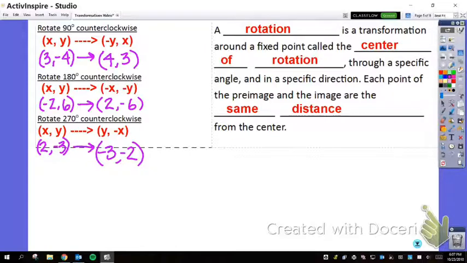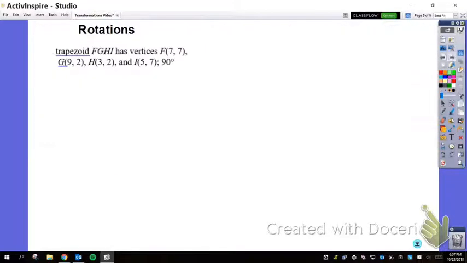Okay, so if we look at an example with rotations, this says the trapezoid FGHI has the vertices F, G, H, and I at those points, and we want to rotate 90 degrees. So when we rotate 90 degrees, we're going from x, y, and we flip places and the y becomes negative.